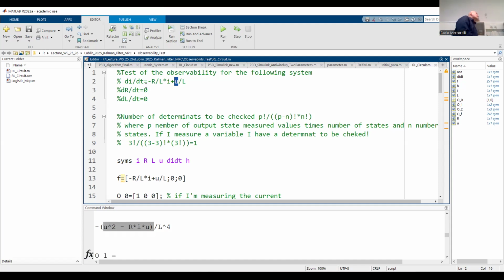This is another important concept in identification. Let me look if I forgot to say something. But in case I don't want to estimate L, I don't need the knowledge of U, because L is given.